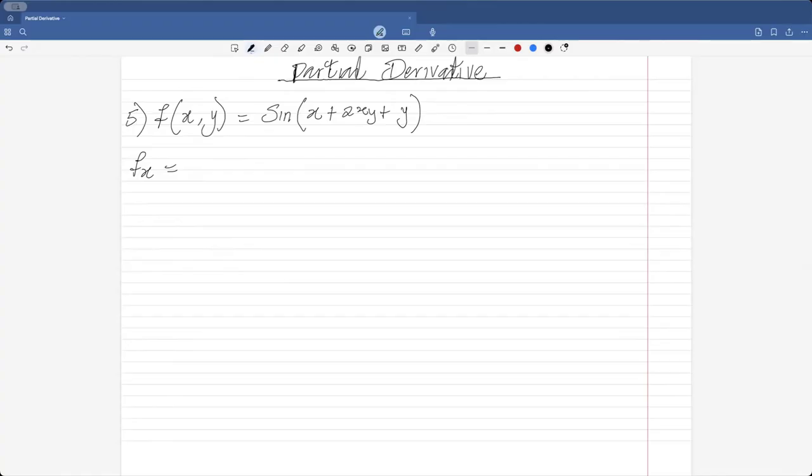What is the derivative of sine? The derivative of sine is cos. So let's repeat what we have in the parentheses.